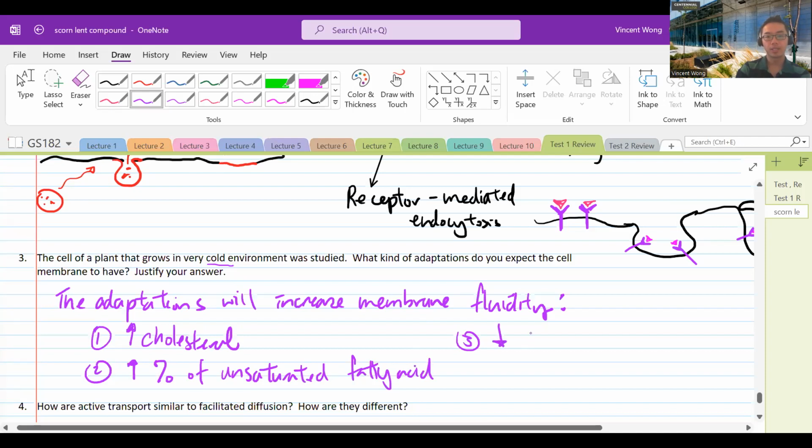And you can decrease the percent of saturated fat. Okay, all of which will increase the fluidity of the membrane, which is what you want when it's too cold. You want to prevent it from becoming too solid. If it's very solid, nothing gets passed through, right?